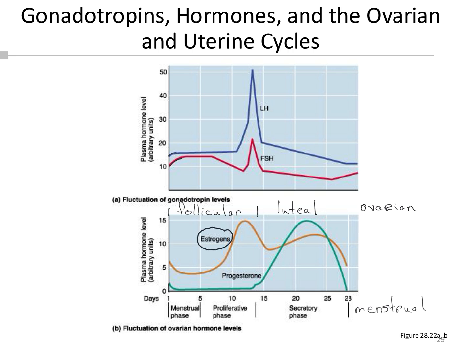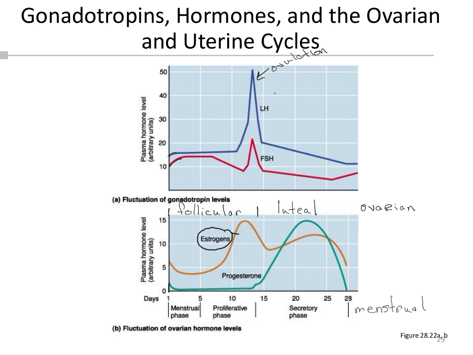Remember, estrogen is coming from the thecal cells, which produce testosterone, which is converted to estrogen by aromatase produced by the granulosa cells. When estrogen reaches a certain level, it flips our negative feedback loop to a positive feedback loop, causing the surge in LH, which triggers ovulation.